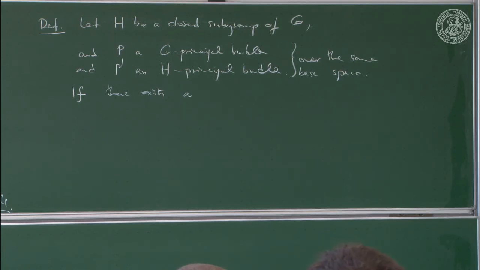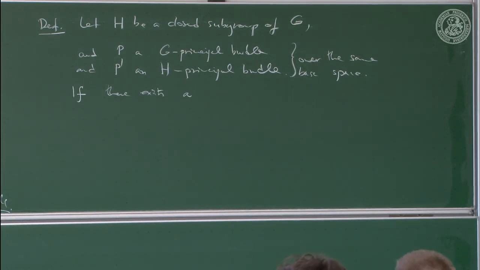That's not the case here. Here we're given two Lie groups and one is a closed subgroup of the other, but a subgroup can lie in the other group in various ways, and unless you specify how by a group homomorphism, you don't know how. So if I continued writing, if there exists a principal bundle morphism, you would say we don't have enough data to write this down. And you'd be right. And that's not what we're going to do.